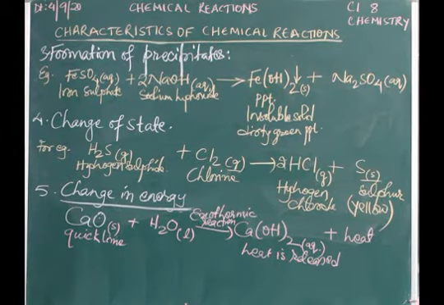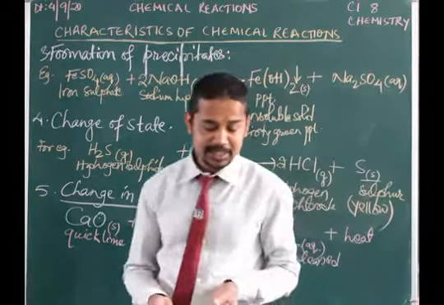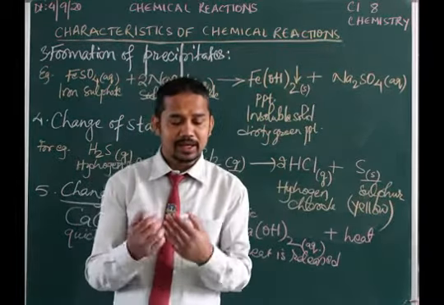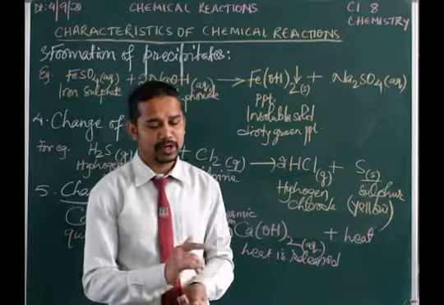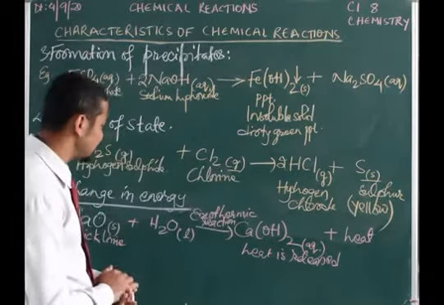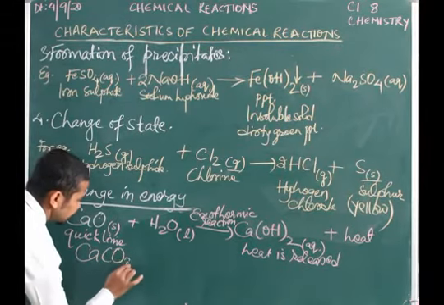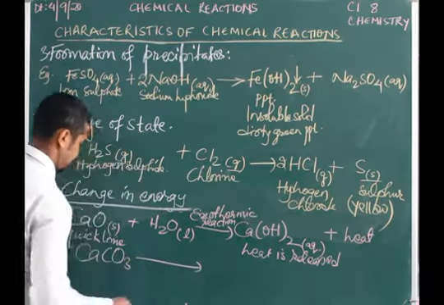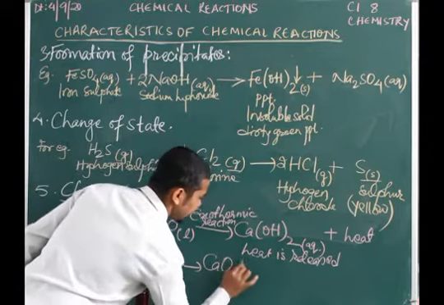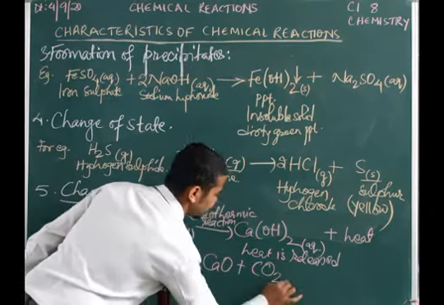And some reactions are endothermic reactions. Endo means in, thermic means heat. That means heat is consumed. For example, the decomposition of calcium carbonate: calcium carbonate gives calcium oxide plus carbon dioxide.